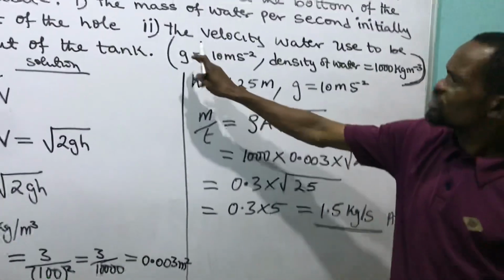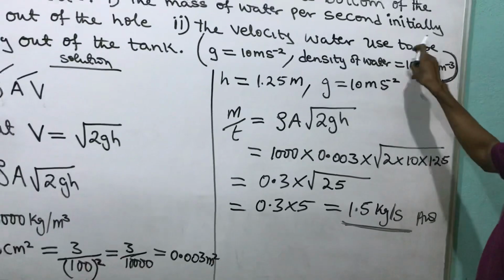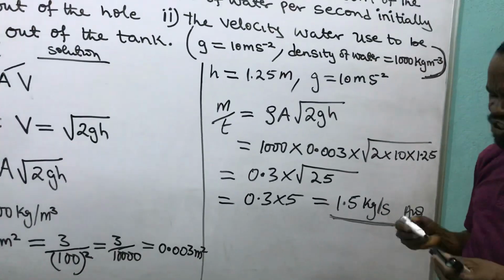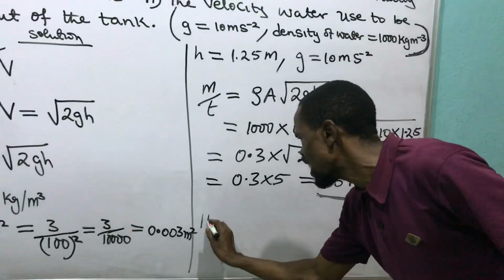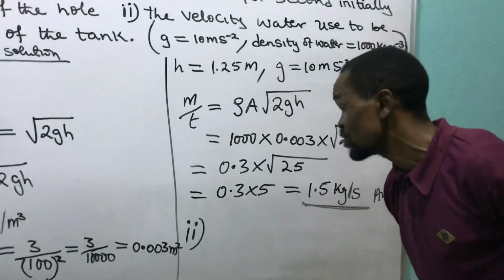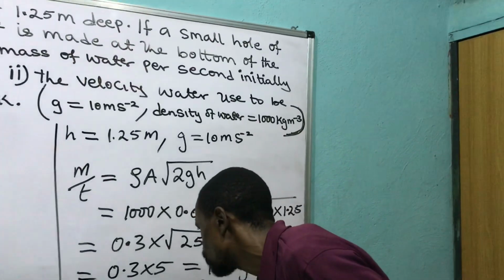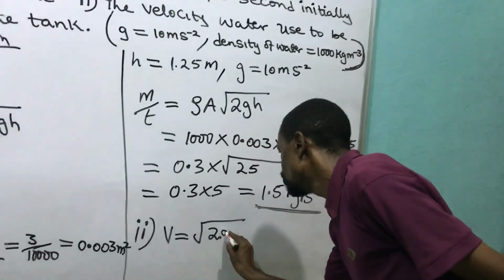Then the second question said I should calculate the velocity at which the water used to gush out, which we call escape velocity. I will now say escape velocity V is equal to the square root of 2gh.